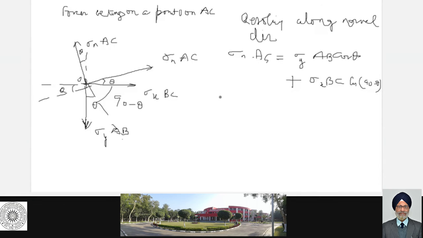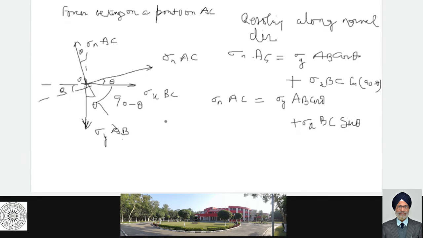Okay? So you can write this as sigma n into AC equals sigma y into AB cos theta plus sigma x into BC. Cos of 90 minus theta is sin theta.